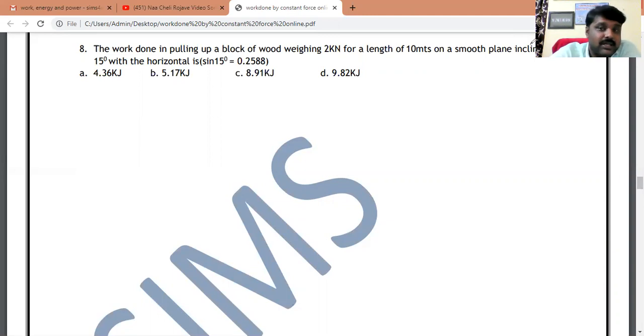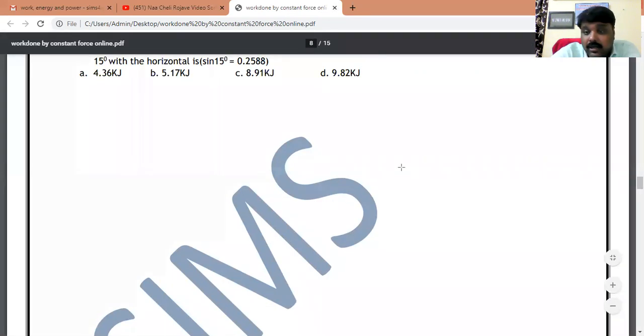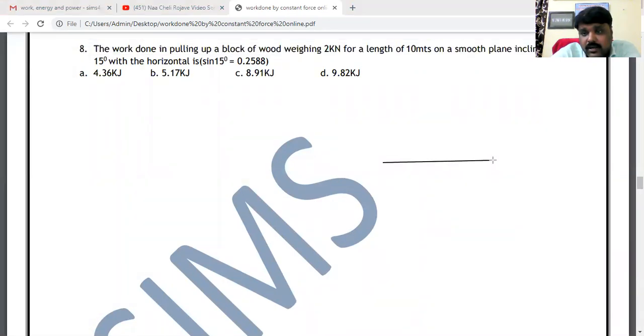Okay, now we have to consider an inclined plane first of all. Here the object is kept, and its weight is given as 2 kilonewtons. Directly they have given us the weight.